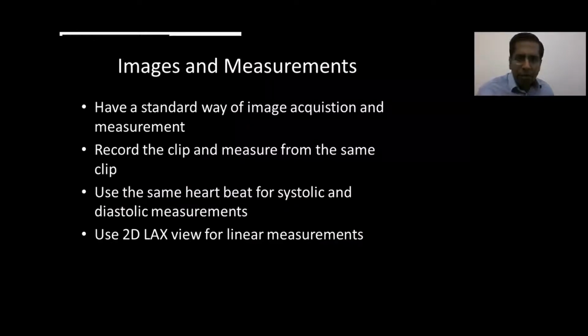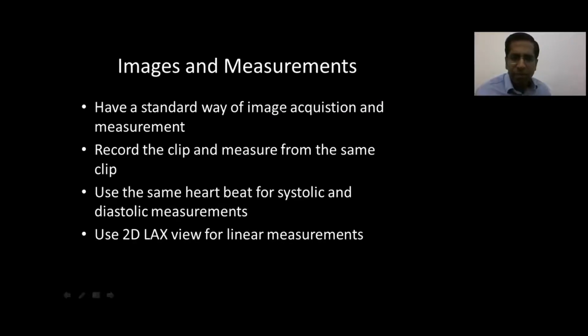So what I have emphasized so far is that we need to have a standard way of image acquisition and measurement. We need to record the clip and measure from the same clip. So it is not okay to just measure online and then record the clip for the sake of recording it. That would not be an acceptable way of doing it.